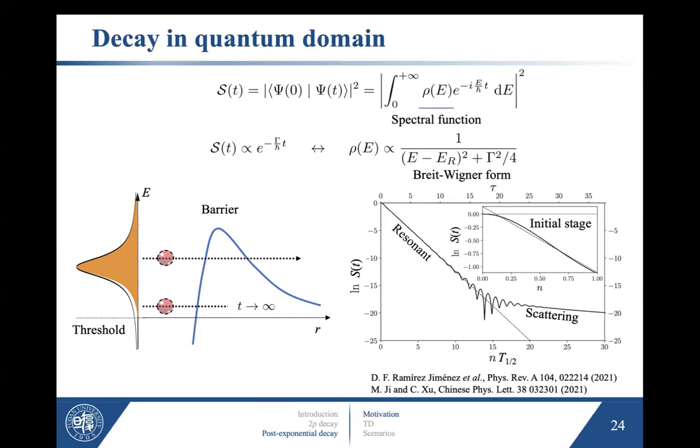And these 2 different cases will have different tunneling. They both need to tunnel through the barrier, but the difficulty is different. For the high energies, it's easier, but for the low energy, it's harder. So there will be different decay rates. As a result, this long-term behavior is governed by the scattering continuum, which is like a background.